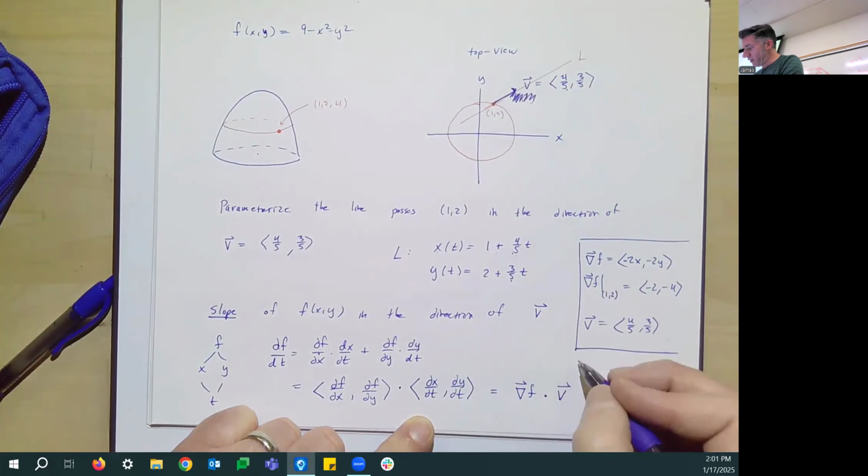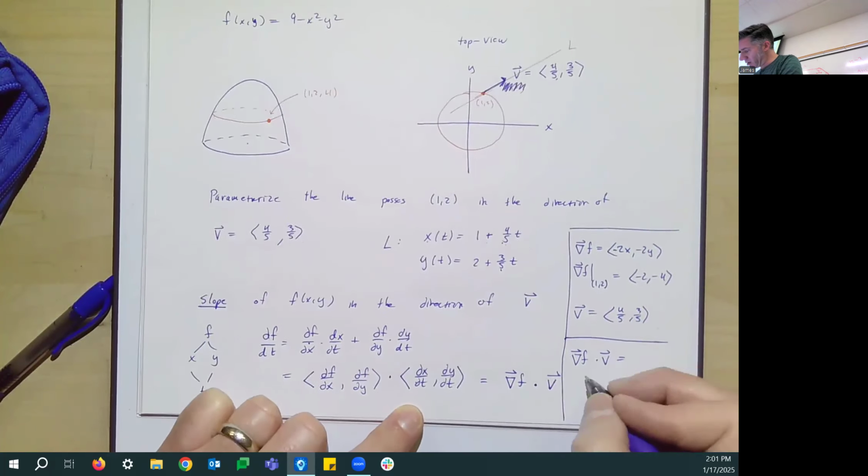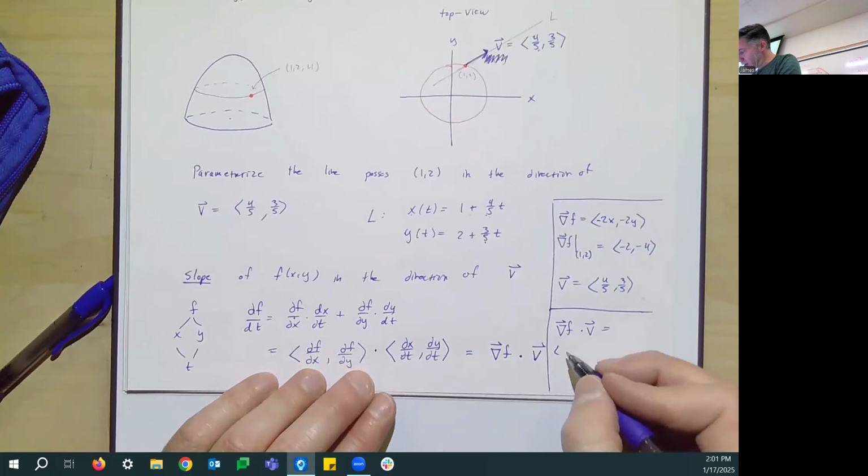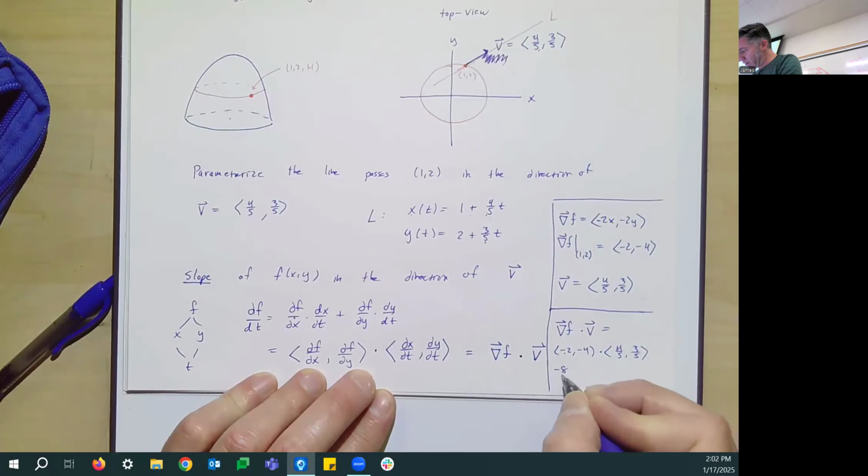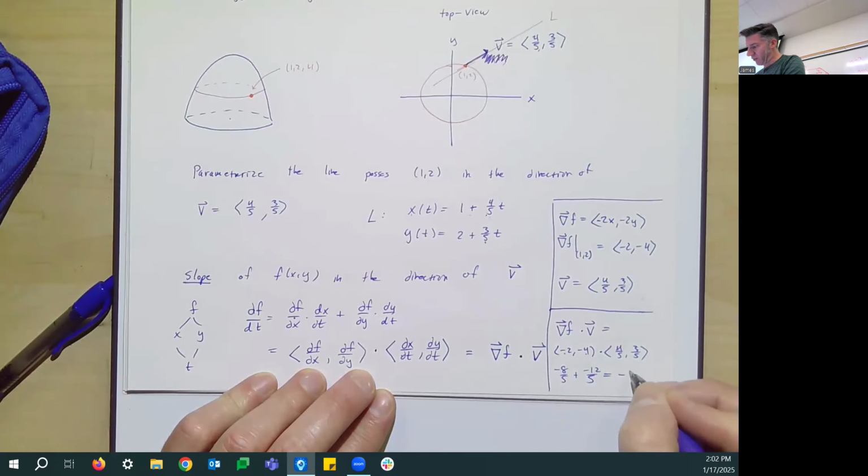And then if we dot these two vectors together, the gradient of f dotted with v is going to be negative 2 comma negative 4 dotted with 4/5, comma 3/5. We're almost there. Negative 2 times 4/5 is negative 8/5, plus negative 4 times 3/5 is negative 12/5. Adding that together, we get negative 20/5, which is negative 4.